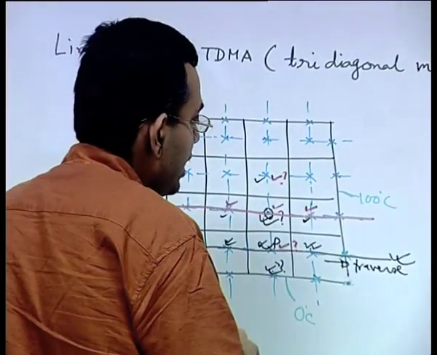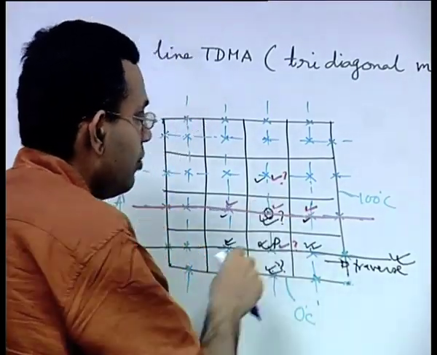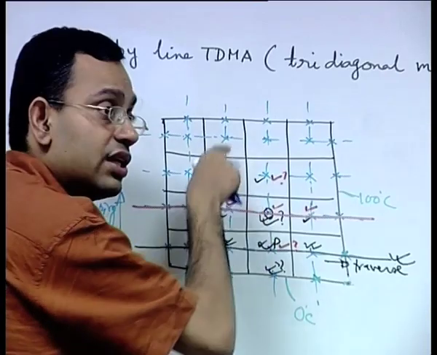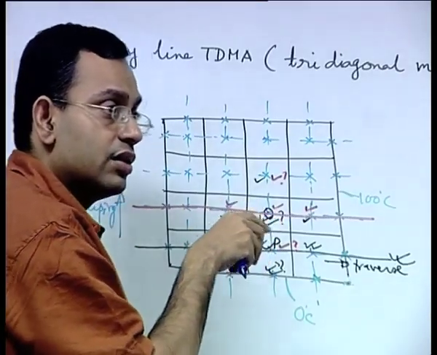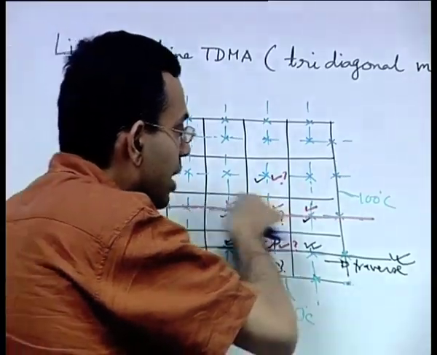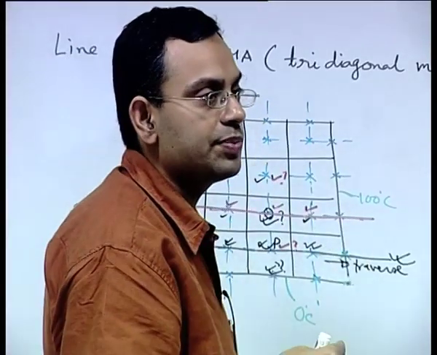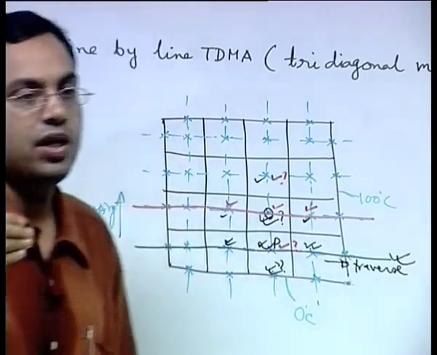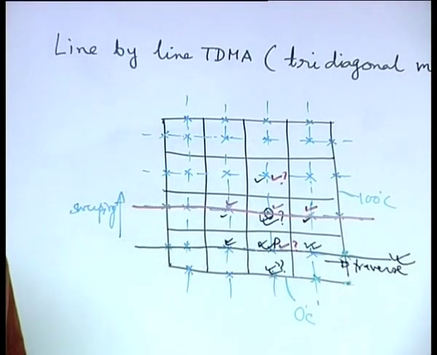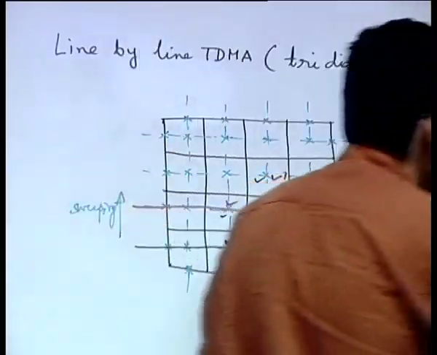But what we can recognize here is that the first thing is that we are applying the TDMA one line after the other. Then once we are considering TDMA along a line, all the neighbors which fall for those corresponding lines, the corresponding values are taken as the most recent iterates. So these are the essential points.